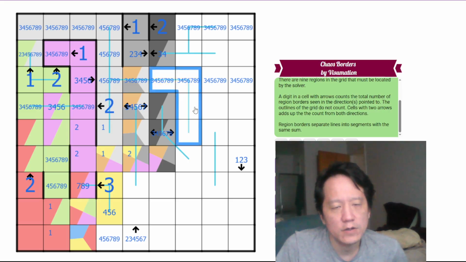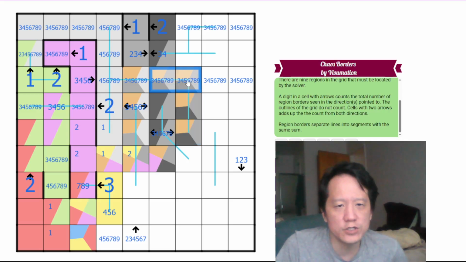Okay. So this could be orange, could be dark, it could be medium. And it has to be, so this is essentially a region in itself. So there are no borders here. There is one in one of these.